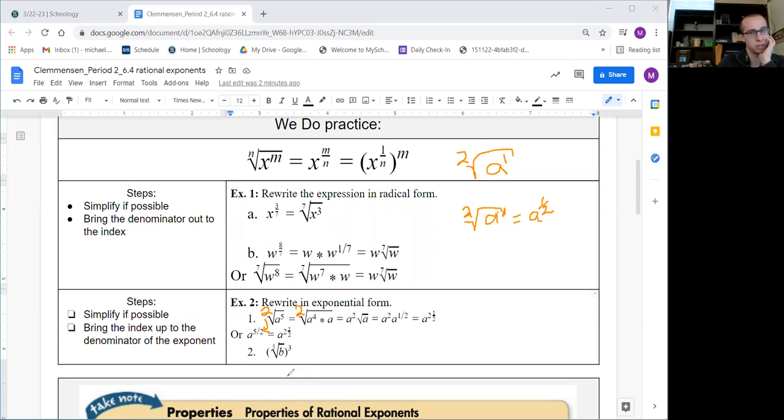That is my answer right there. 5 halves can be simplified to be 2 and 1 half. Do it just like this. 5 divided by 2 is 2, 4 gives me 1 with a remainder of 1 over 2. 2 and 1 half.